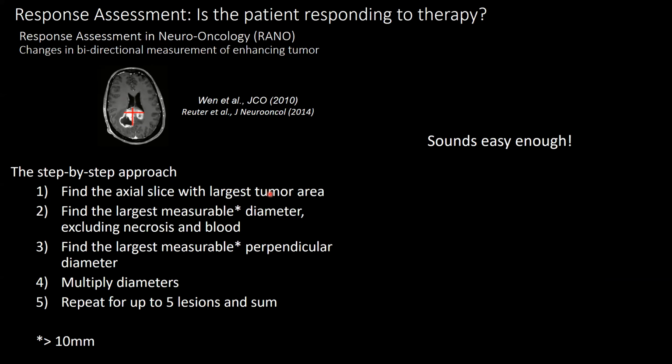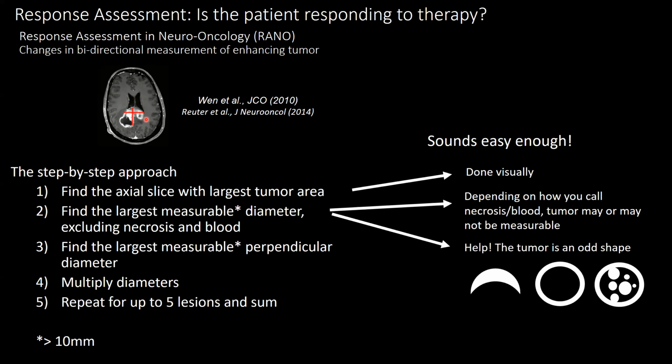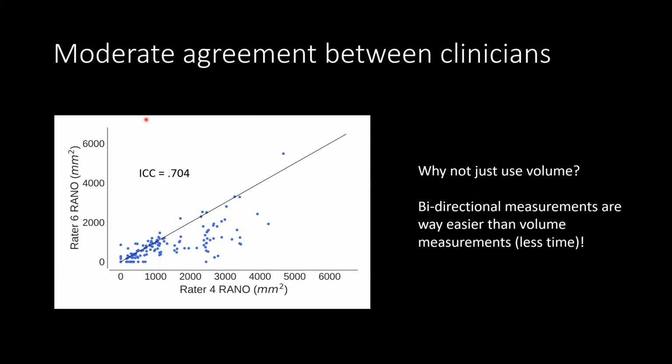The general idea is that the radiologist manually chooses what they believe is the largest diameter and cross diameter for up to 5 lesions. Of course, there are numerous confounding factors such as tumor shape, extent of necrosis, blood, imaging artifacts, etc., that increase the inter-rater variability for this type of measurement.